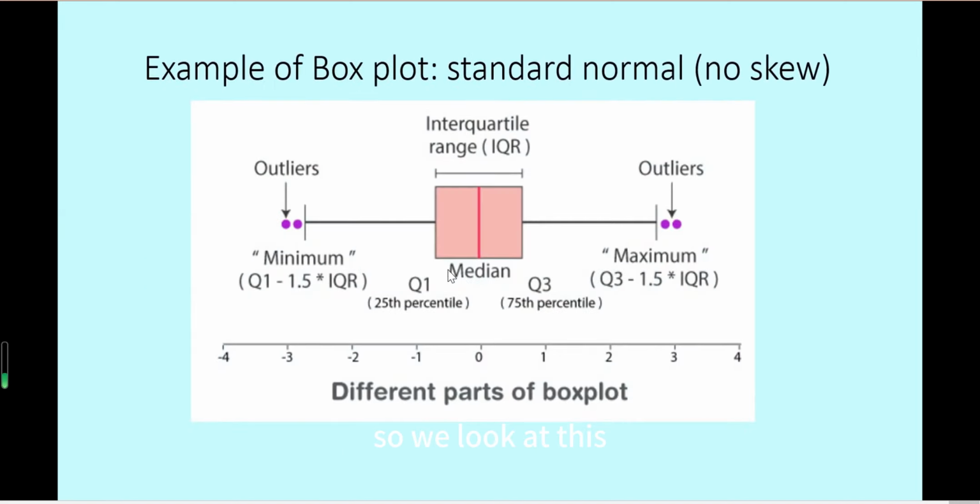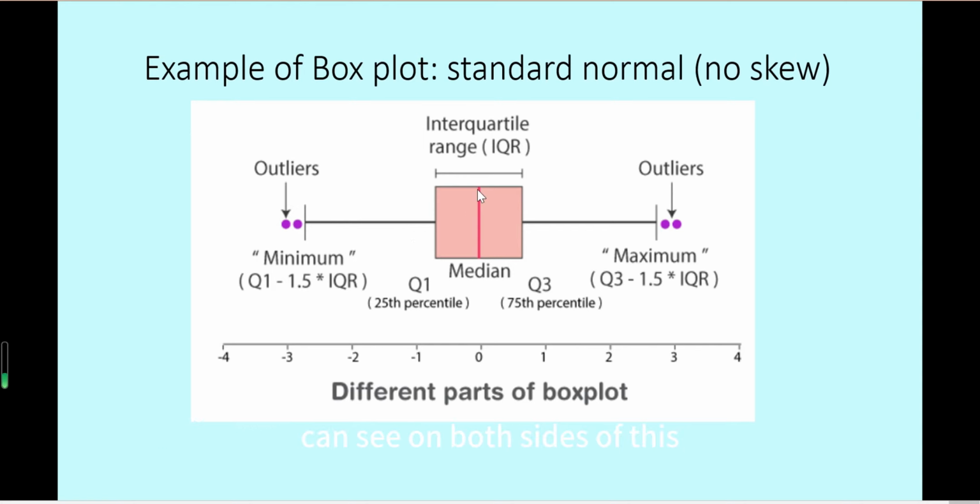So we look at this figure. This is a box plot and it is symmetric. For example, a normal distribution will have a box plot similar to this one, because this is the box and this is the whisker.